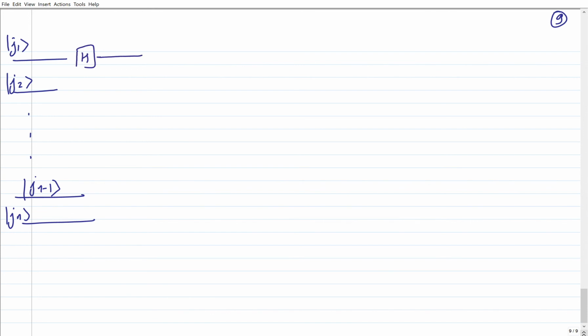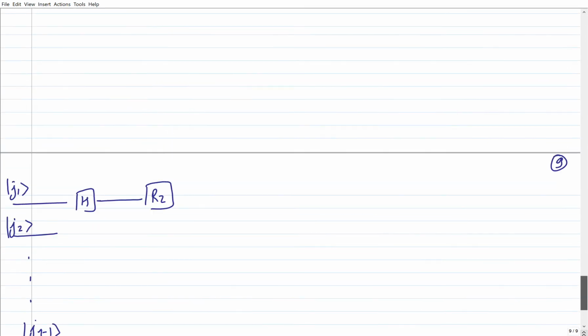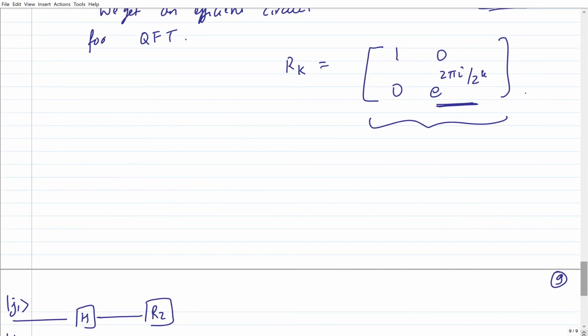So I have my input, which is going to be the binary representation of the input vector, and then I'll have the Hadamard transformation R2, which was nothing but, remember, this guy.